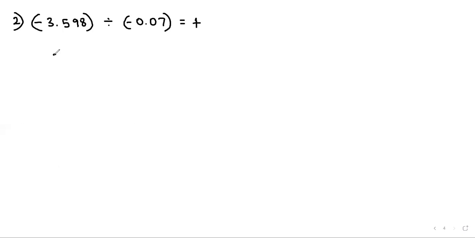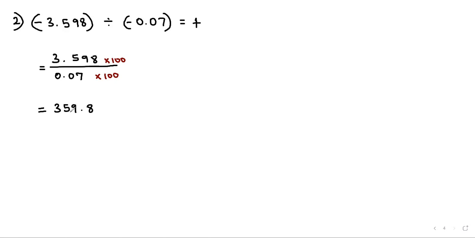So we will have 3.598 out of 0.07. What do we do to our divisor 0.07? You can see it is not an integer. So what do we do? Times 100, and also times 100. That's correct. So in the next step, what do we have? 359.8.